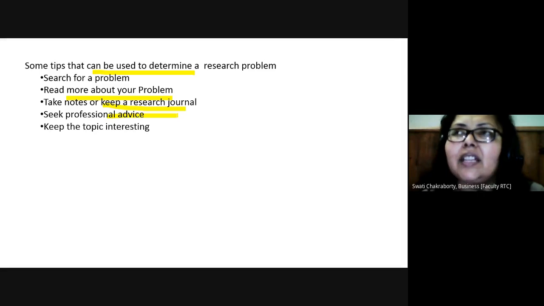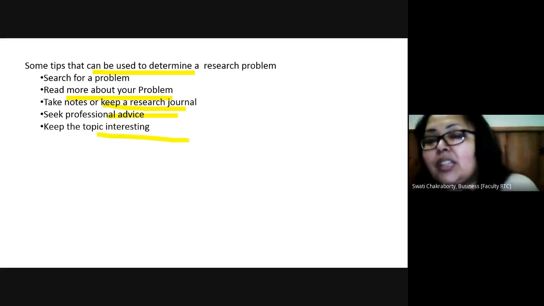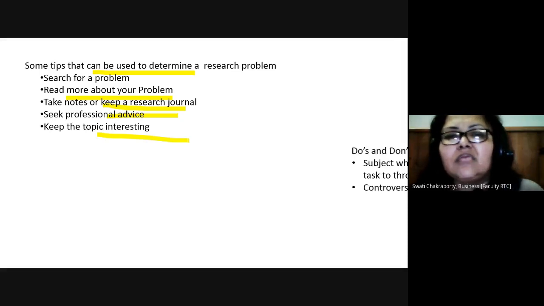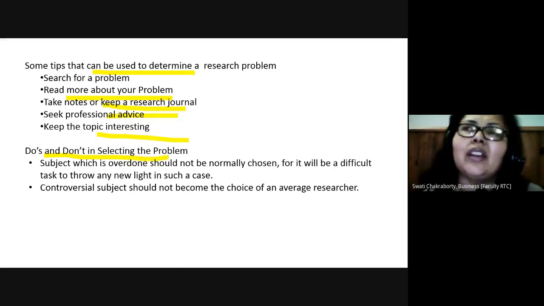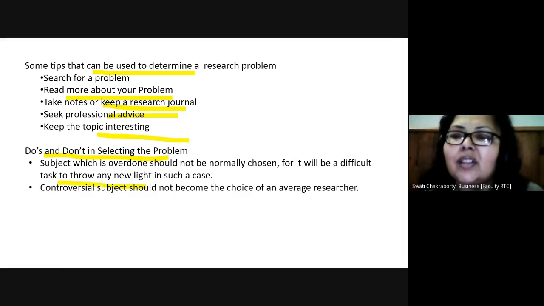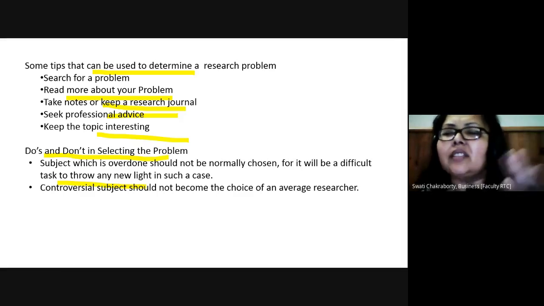If needed, take advice from some professionals, and your topic should be interesting. Do's and don'ts in selecting a problem: never choose a topic where too much work has been done, because you won't find any additional information. And avoid controversial subjects, because a controversial subject is basically best for an expert.